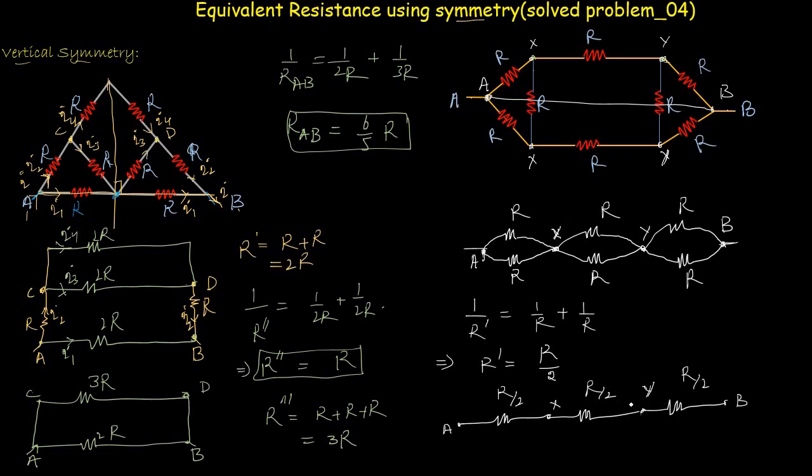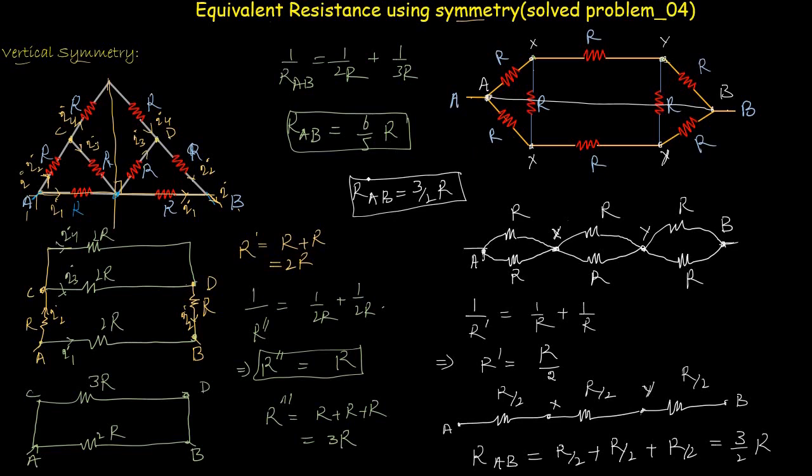Now if you look into this network again, you will see that these three resistors are in series. So the equivalent resistance of these three resistors, R_AB, equals R divided by 2 plus R divided by 2 plus R divided by 2, which is 3 divided by 2 into R. So the equivalent resistance between point A and B is 3R divided by 2.